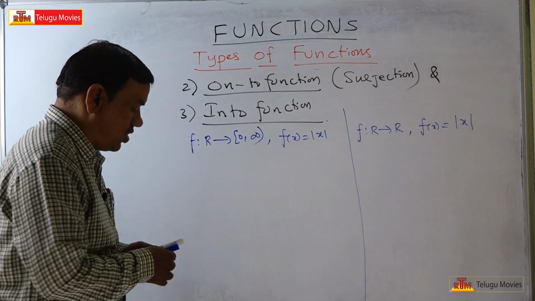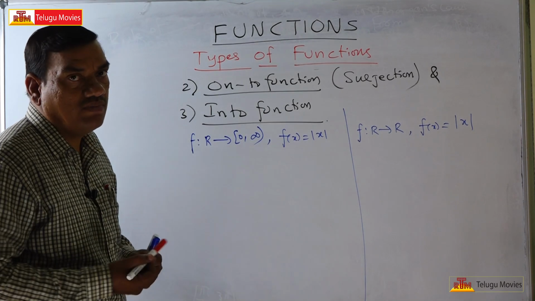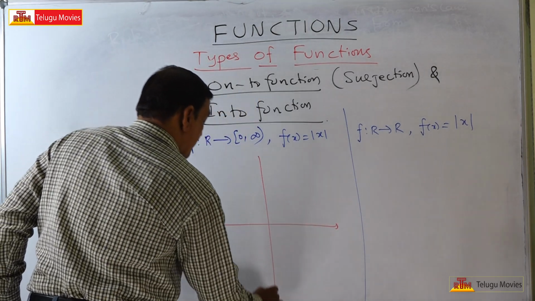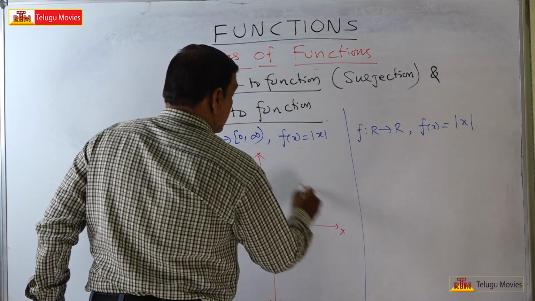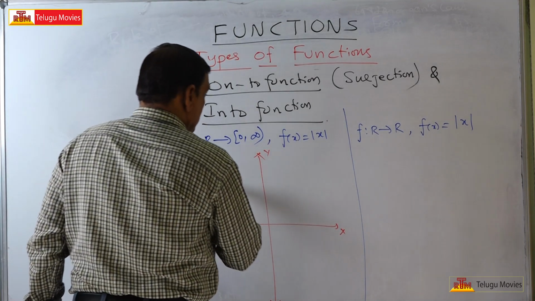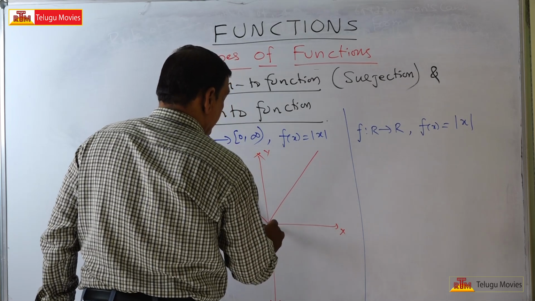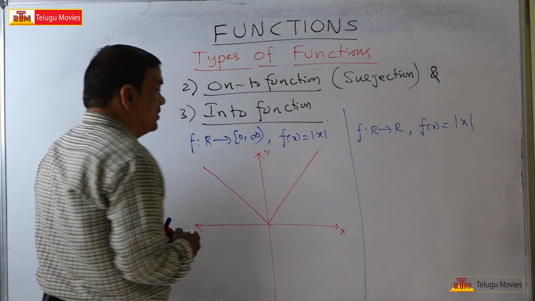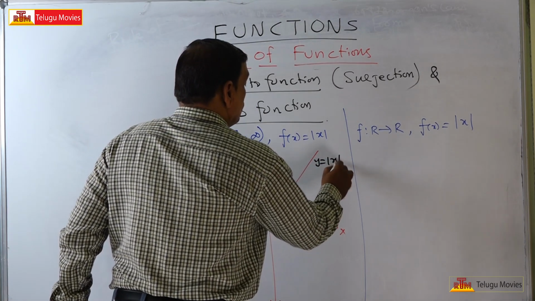First, I will draw the graph of the modulus function. We know that the modulus graph is this, with x-axis and y-axis. As mod x is always either 0 or positive, this will be your graph. This is y is equal to mod x.